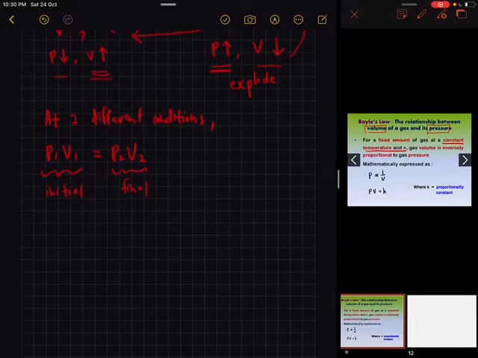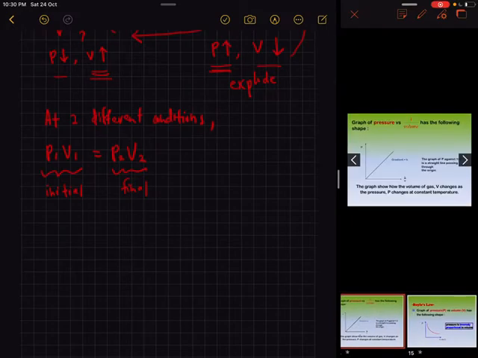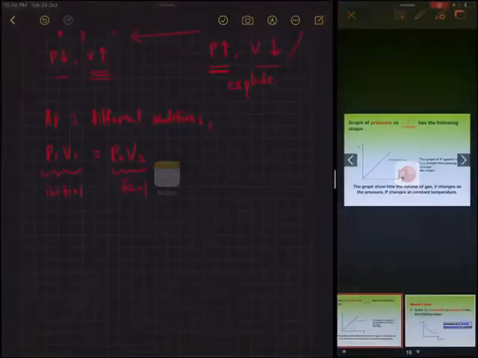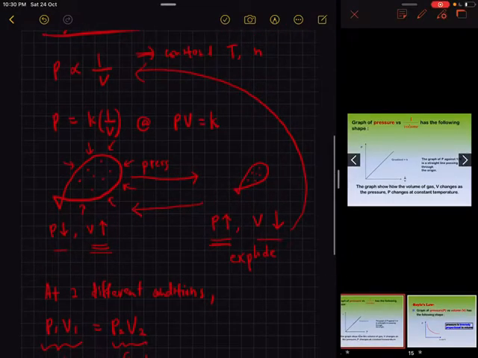Alright, now. And how about the graph? Okay, so untuk graph pula, when you plot or sketch the graph P versus 1 over V, you akan dapat this graph garis lurus. Okay, macam mana you boleh dapat macam ni? Kita ambil daripada equation ni tadi.